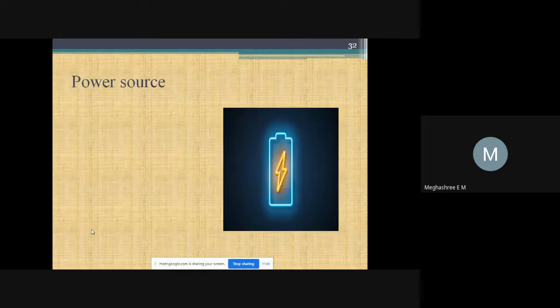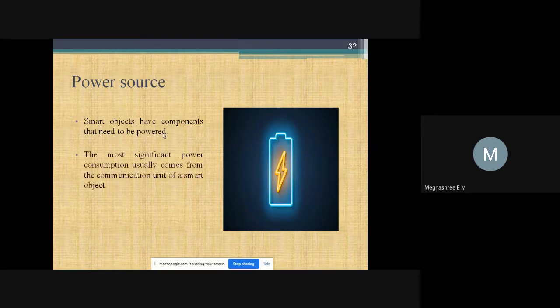And the fourth characteristic of a smart object is the power source. Any sensor or actuator needs some kind of power to work, isn't it? Smart objects have components that need to be powered, right? The power consumption happens because of the communication unit that is present in the sensor.